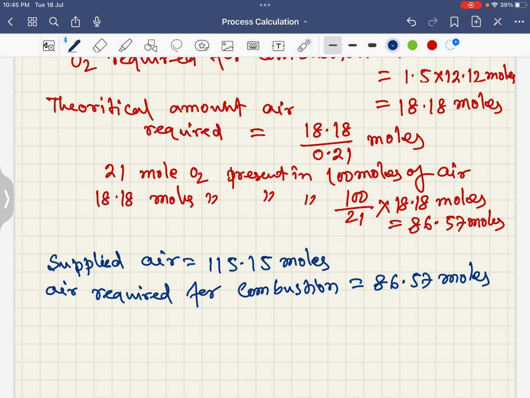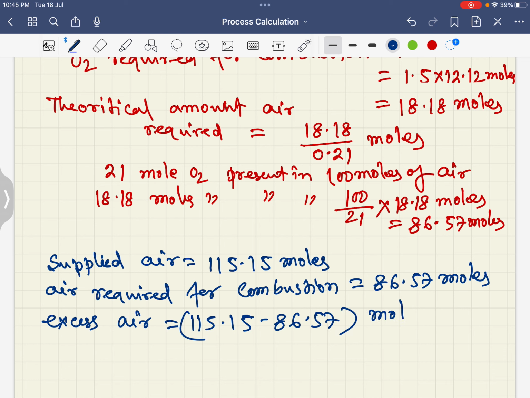So now excess air is equal to 115.15 minus 86.57 moles. That is 28.57 moles.